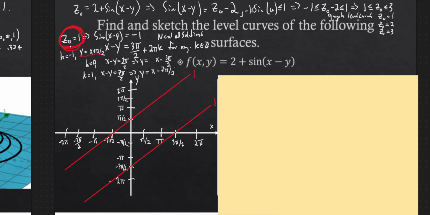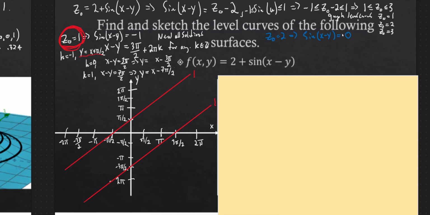Let's, how about in blue, we'll do z naught equal to 2. So over here I'll set z naught equal to 2. And that'll give me what? Sine of x minus y equal to z naught minus 2, so equal to 0. So now I have to ask myself, when is sine of something equal to 0?